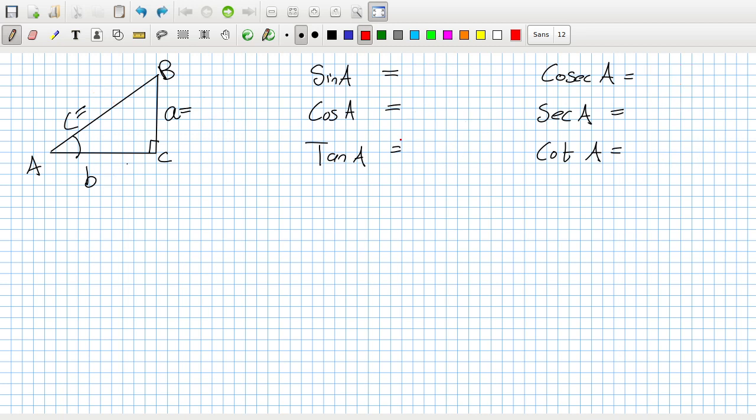131. A is 85.3. B is 125.5. And then C from Pythagoras is the square root of 85.3 squared plus 125.5 squared. So that's 151.7.